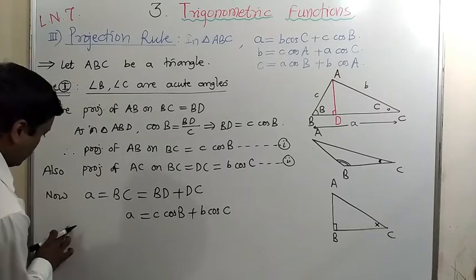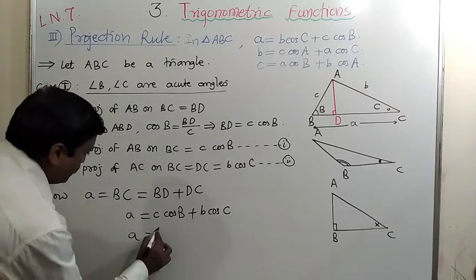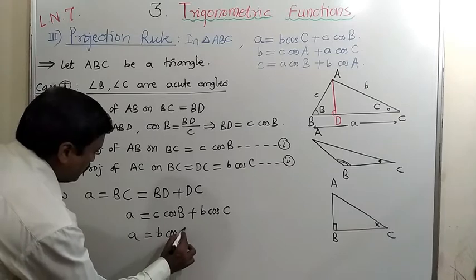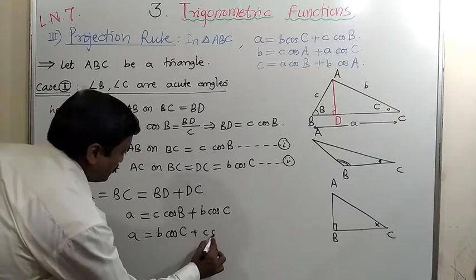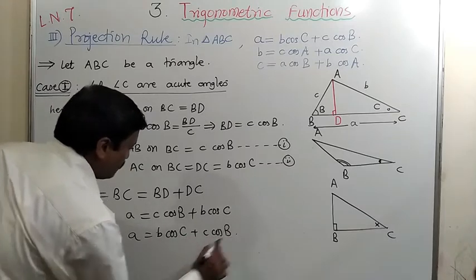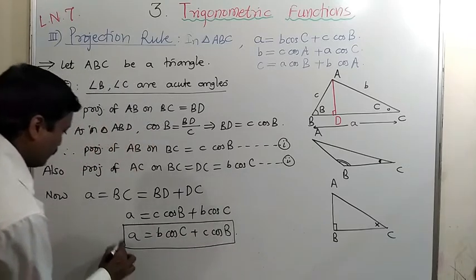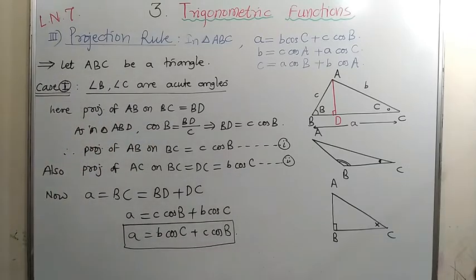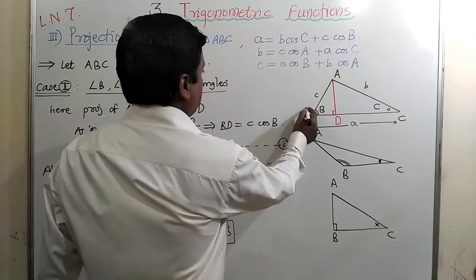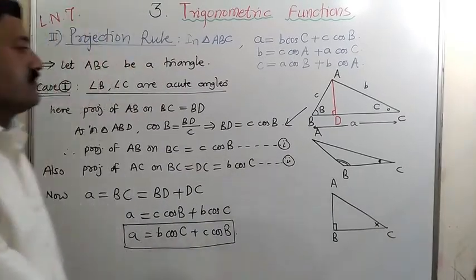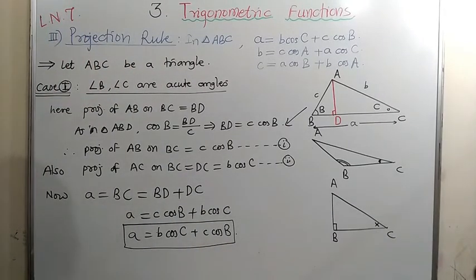It can be written as a is equal to b cos C plus c cos B. Okay, so this is the first case. Is it clear? It's very simple to prove the first result.